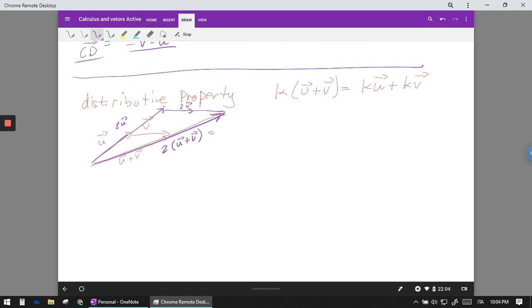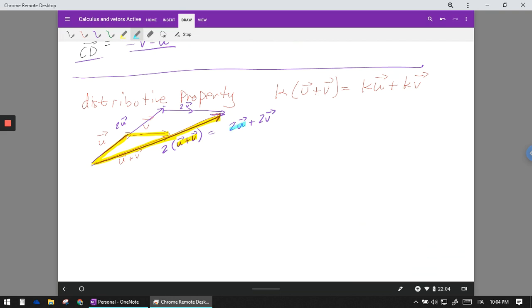So basically what I've done is I've either added u and v first, which is this, and then took the result and multiplied it by 2 to get that.